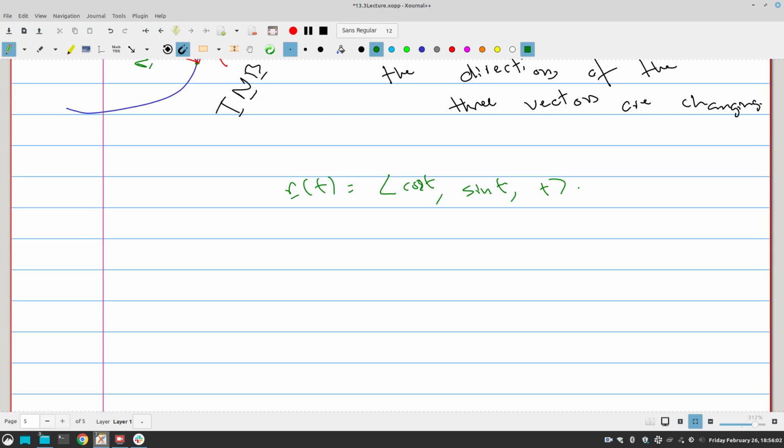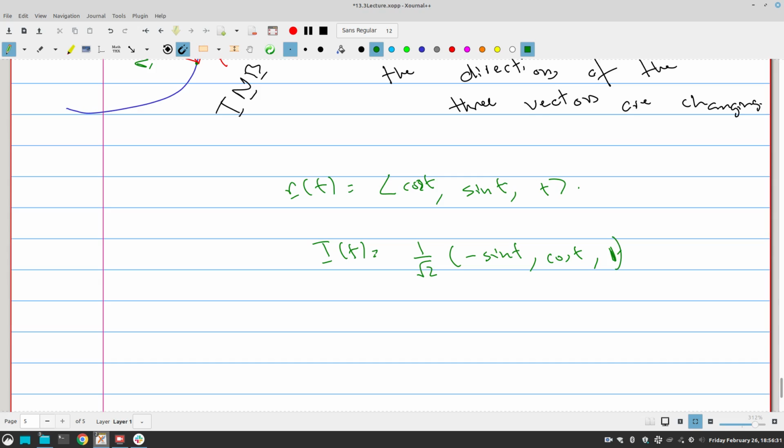So T of t, this is the example on page 909, would equal, if you calculate, 1 over root 2 times negative sine t, then cosine t, and of course you have 1.